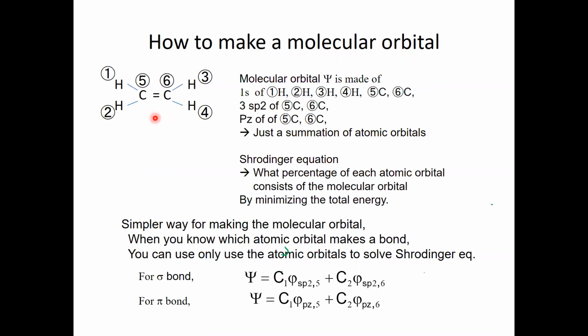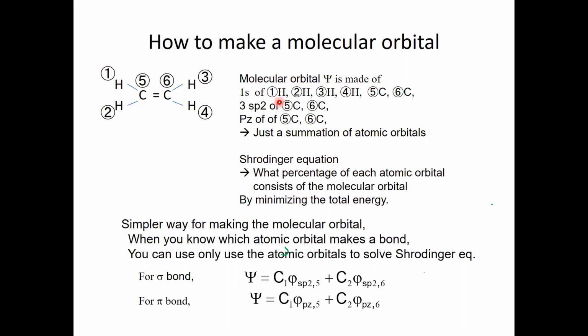So, again, in the case of ethylene, as you can see, the molecular orbital psi is made of various atomic orbitals. Please be aware of the difference between the atomic orbitals and the molecular orbitals.